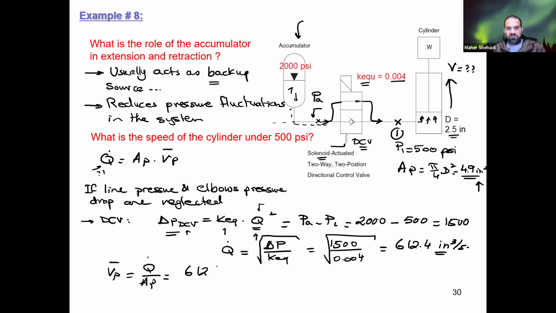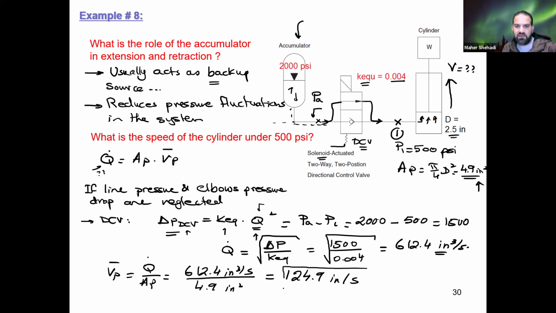That's 612.4 cubic inch per second divided by the piston area, and I got almost 125 inch per second. All right, any question?